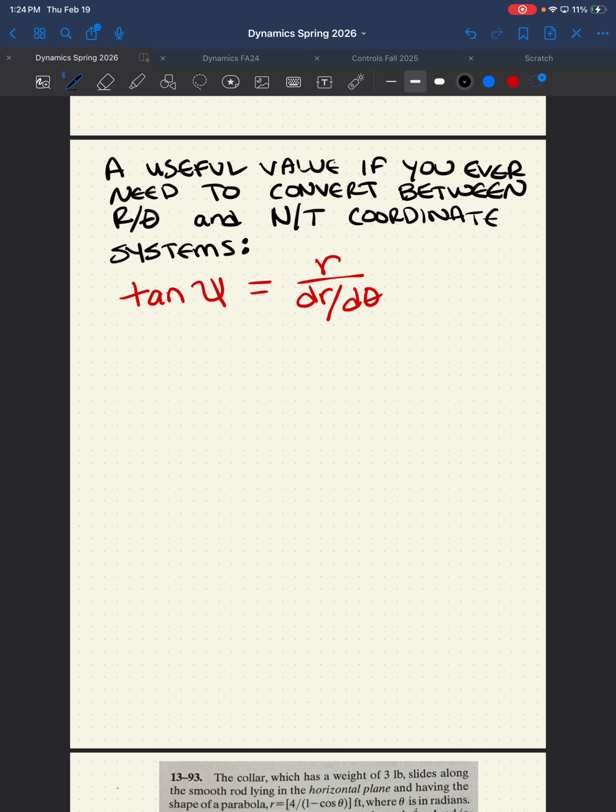Okay? So you're going to have to use this equation and be able to essentially draw where that psi is on this graph. And the whole reason is because for some problems, our forces are going to be beautifully in the normal and tangential direction, but we're given things that allow us to write accelerations very easily in the r theta direction.